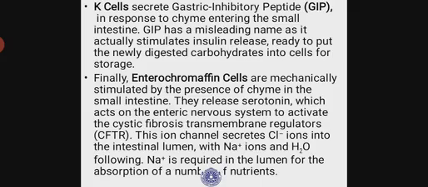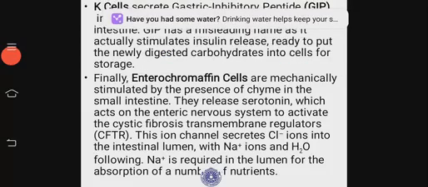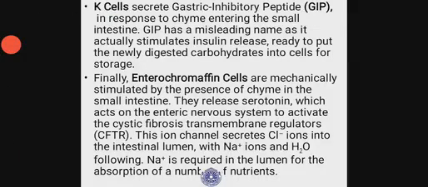So it is a misnomer that it is referred to as gastric inhibitory peptide, and this will prevent the emptying of the gastric juice, but it actually stimulates the release of insulin.